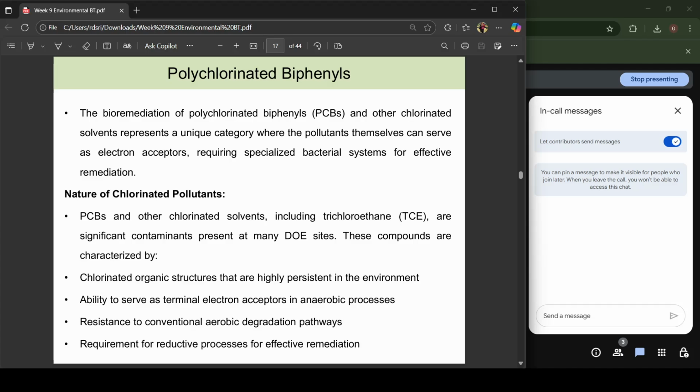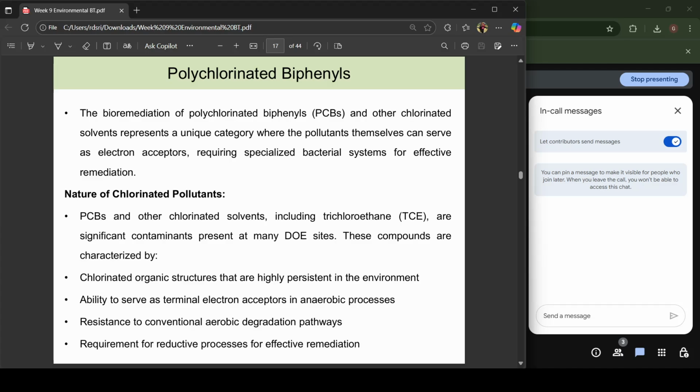So, in all previous cases, we were talking about the presence of some terminal electron acceptor like oxygen in case of aerobic conditions, or in case of anoxic and anaerobic conditions we had nitrate, sulfate, iron, etc. But in the case of PCBs, they can act as the electron acceptors also. The nature of these chlorinated pollutants is that they are significant contaminants at many DOE sites, and they are characterized by chlorinated organic structures that are highly persistent in the environment.